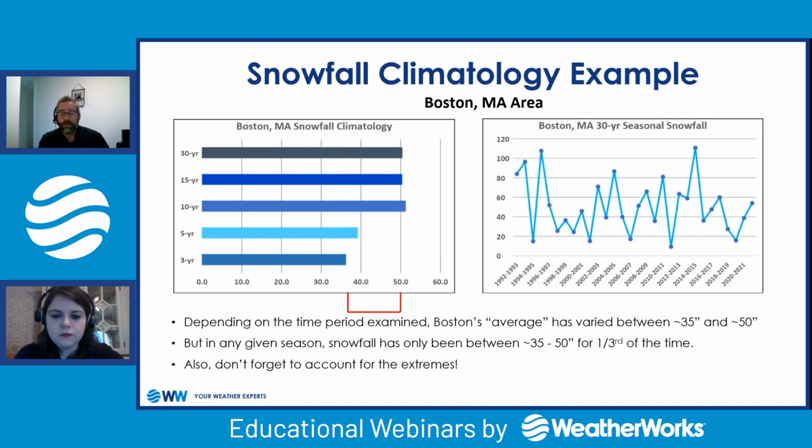Sometimes if you get 30-year averages, it might be a little bit too smooth. So we're trying to get some of the most recent data in there. And you also want to look at those 3 to 5 year averages because they can be a bit different from what you're seeing in the 10 to 15 year averages. Looking quickly at this example, you can see that there's a pretty drastic difference between the 3 to 5 year average and the 10 to 15 year average here at Boston.